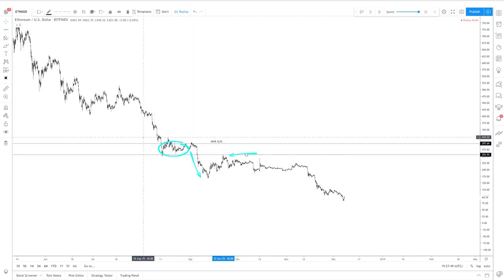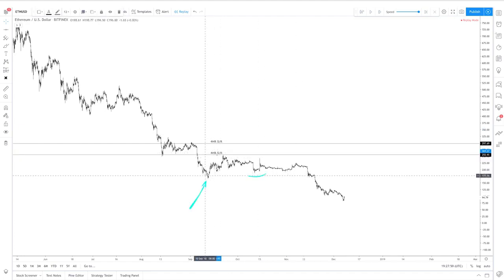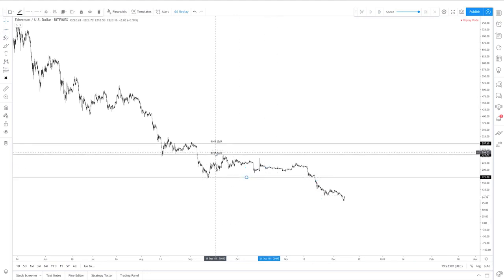So another one. Let's take that, copy and paste it. Right there. And we can see here, price was support, consolidation, breakdown. So let's mark that off.